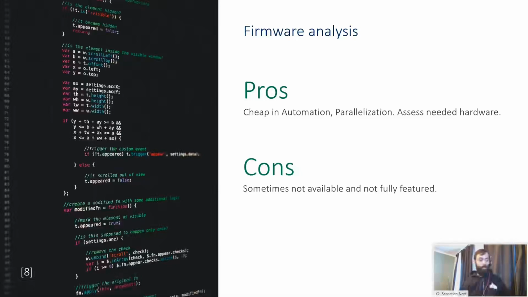You can even parallelize this whole process, telling your colleagues, okay, you look at this part of the firmware, you look at that part, and in the end it gives you a rough idea whether this device is any good to exploit, whether there are many vulnerabilities or not. Then you can think about buying this device.